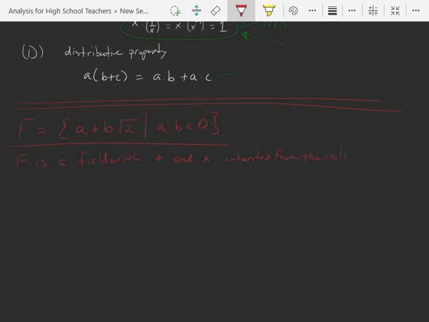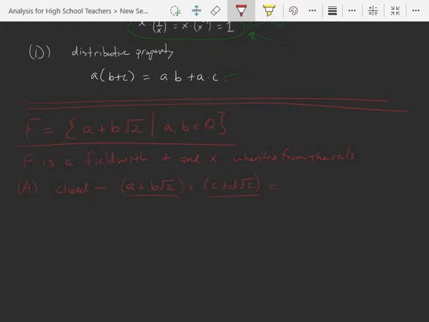Okay, so let's show the addition stuff first. Is it closed? Well, a plus b times the square root of 2 plus c plus d times the square root of 2. I've taken a number from the field and another number from the field. I've added them together. I need to show that it's still a number from the field.